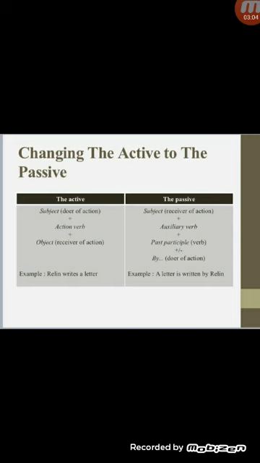Next, changing the active to the passive. We know the active formula is subject plus action verb plus object, and the formula of the passive sentence is subject plus auxiliary verb plus past participle plus by.